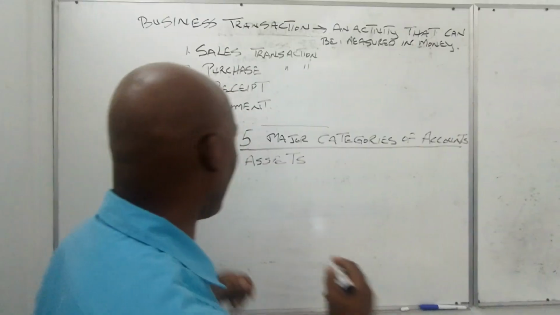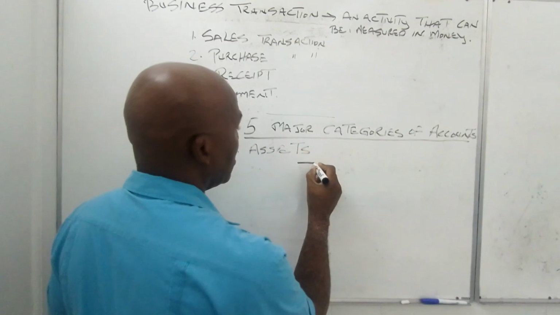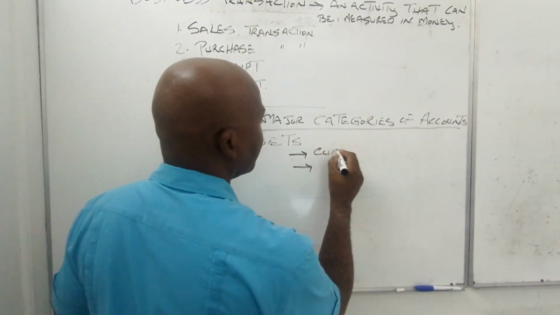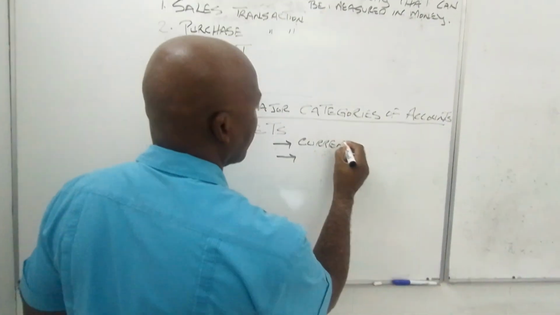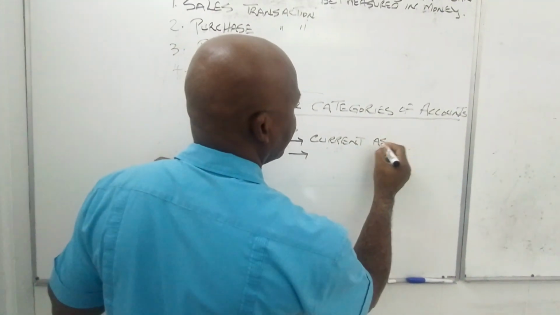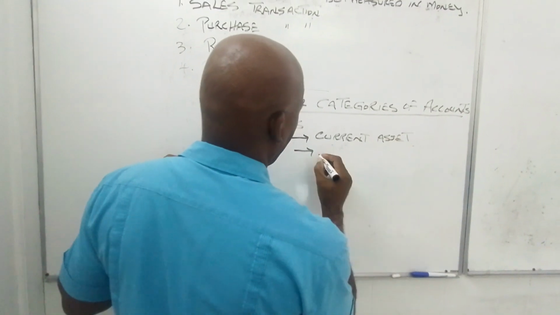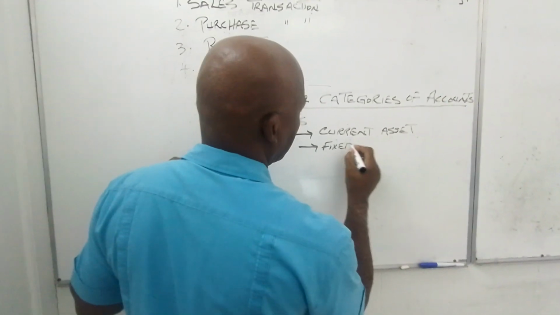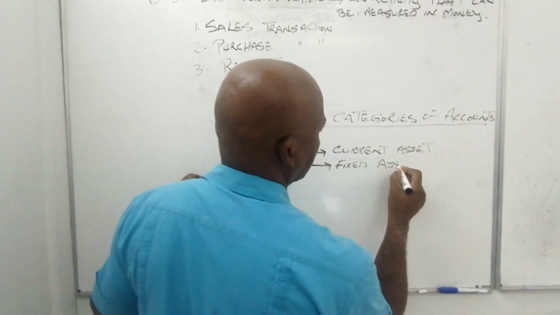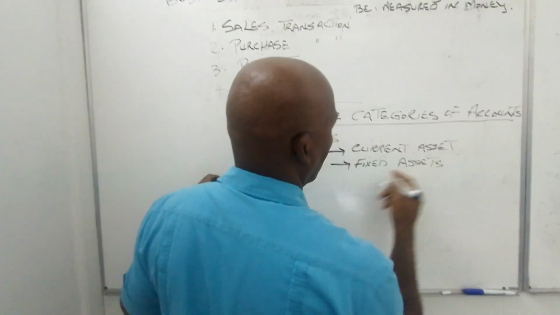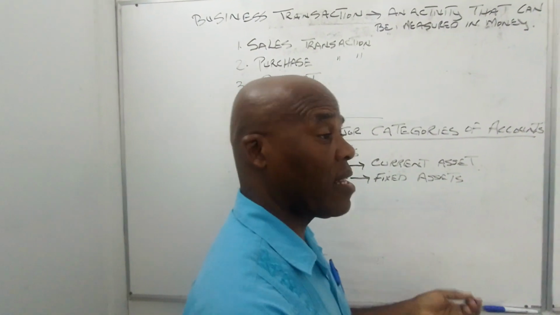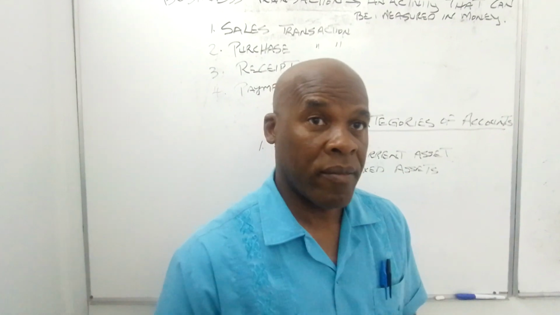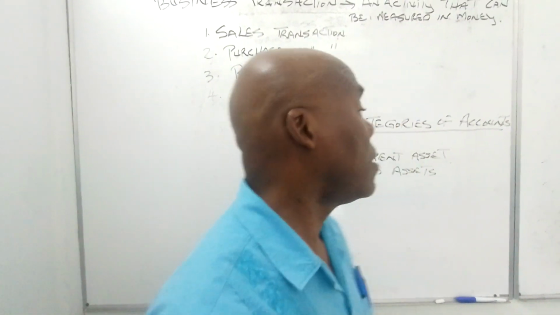So assets can be divided into 2 broad categories: current assets and fixed assets. Or you may see non-current assets, long-term assets. They all mean the same thing, right?